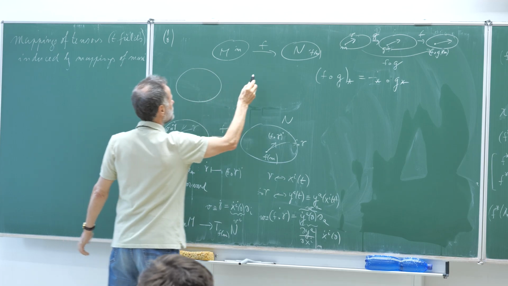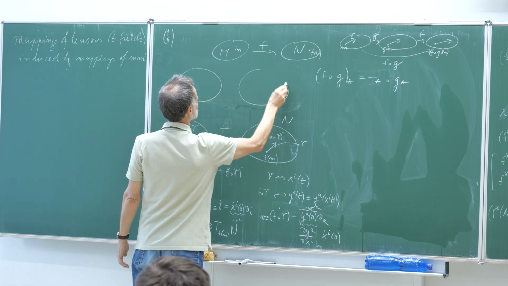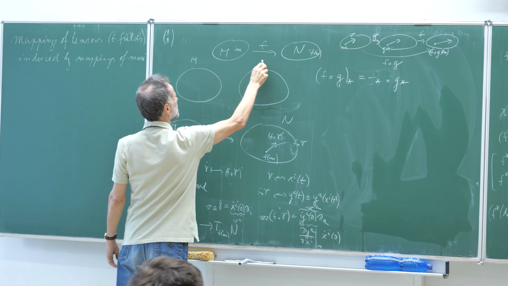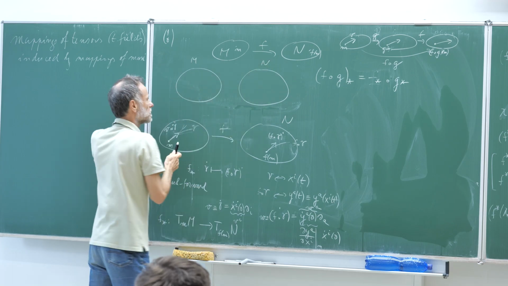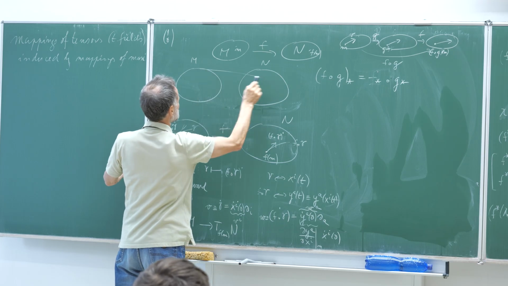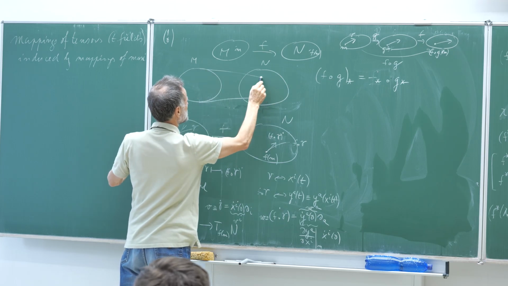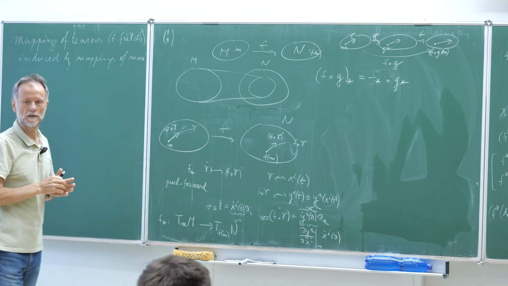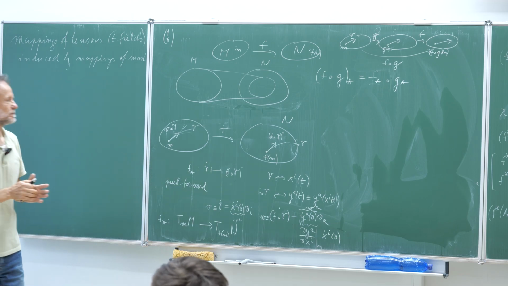The first problem, which is smaller, is that in general this mapping is not a diffeomorphism, but it has, for example, the property that it is not surjective. It may happen often, yes, that our f is not surjective.